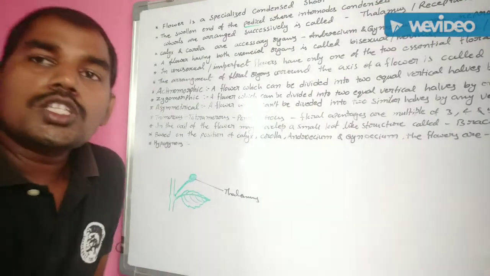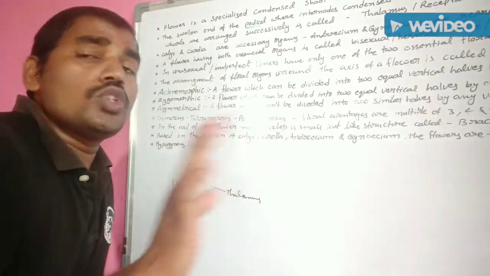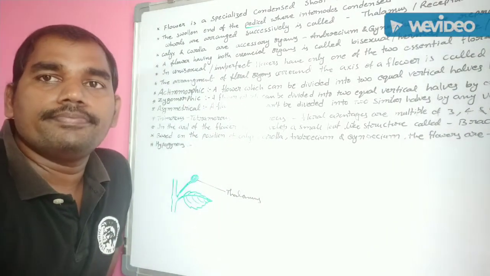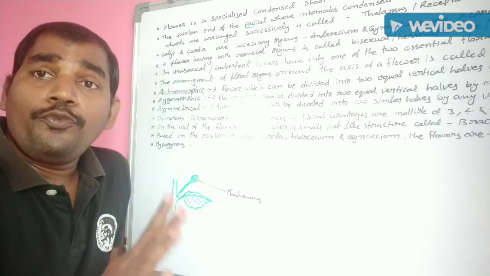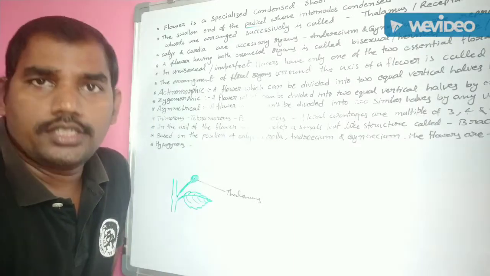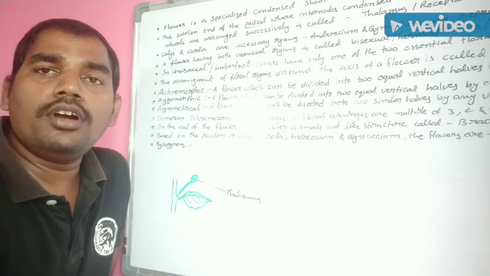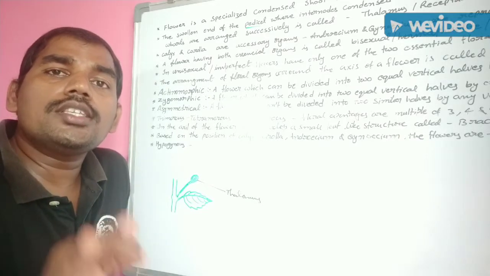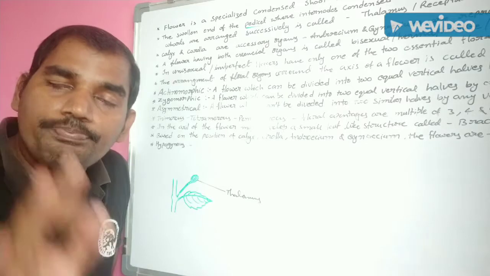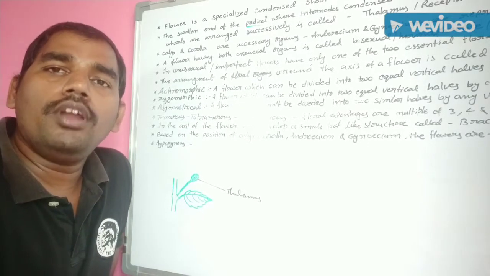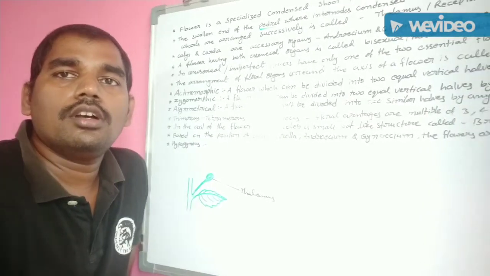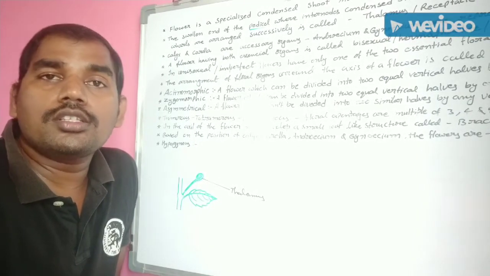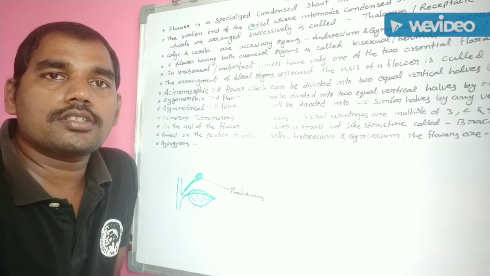It is meant for sexual reproduction. This means sexual reproduction is done in flowering plants by flowers. So, flowers are the reproductive organs in flowering plants.